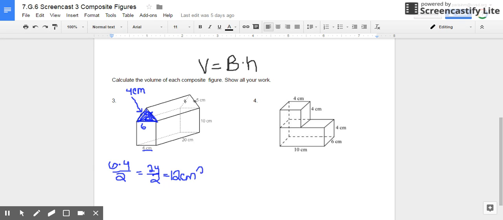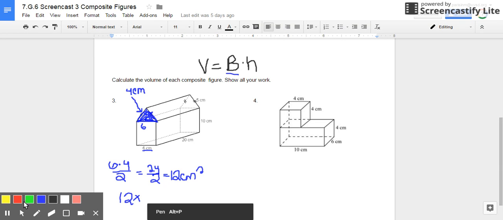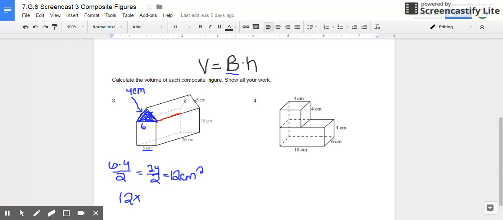So now that we found the area of the base, which is this B value right here, the base is 12 centimeters squared, so I'm going to take 12 and multiply it by my height. Well, my height in the prism is going to be this red line, going across here. So it's not part of the actual triangle, and if we look down below going across, we have 20 centimeters.